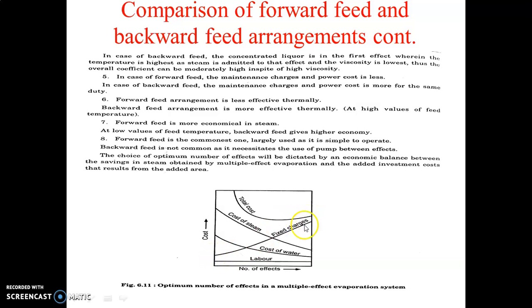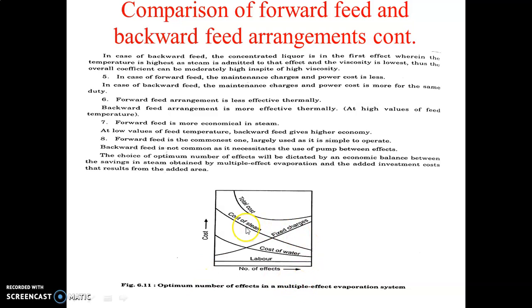If we look at this line, these are the fixed charges, and they increase. At the same time, the cost of steam and the cost of water decrease because the economy of the evaporator is increased. That means the steam fed per kg to the next evaporator is decreased, but the labor cost will remain the same for any number of effects.